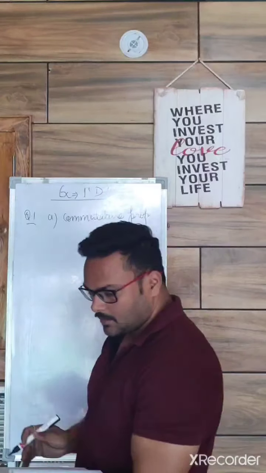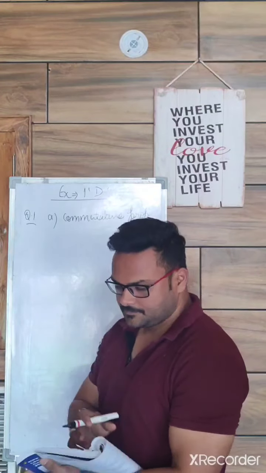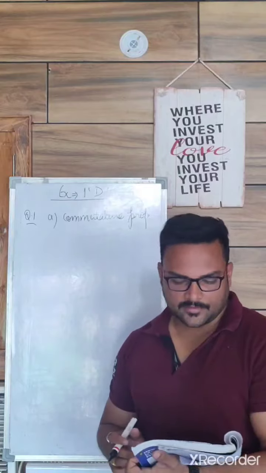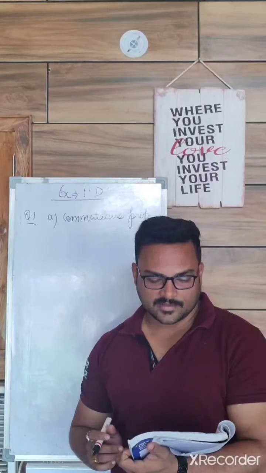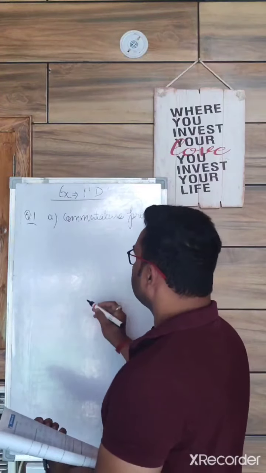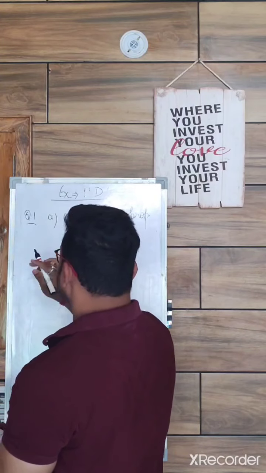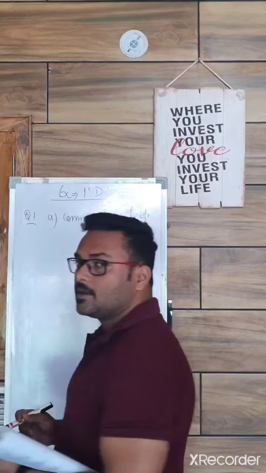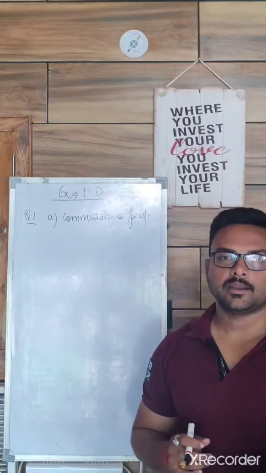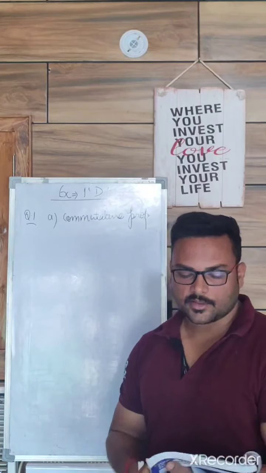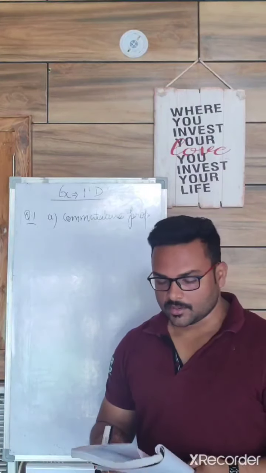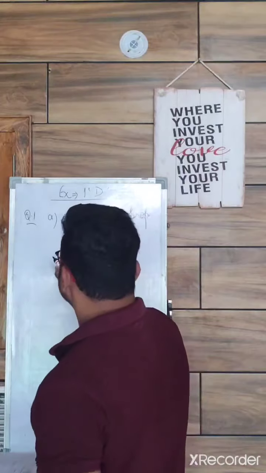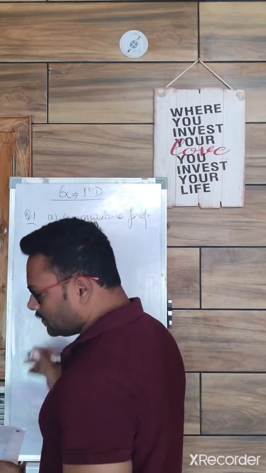Okay. Question B, you can see 6 into 7 by 6. It is multiplication of a number with its reciprocal. The answer will be the same. B is reciprocal.